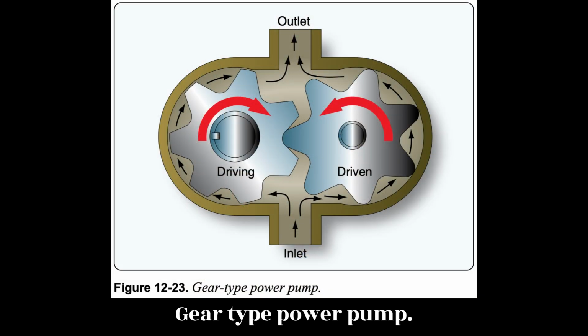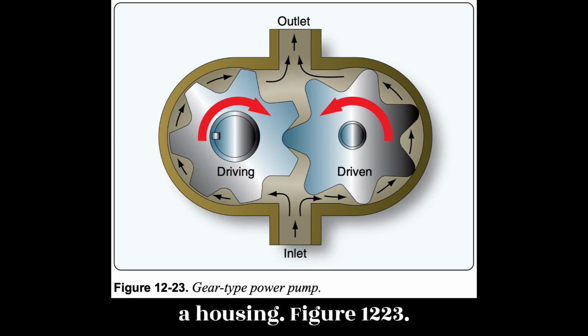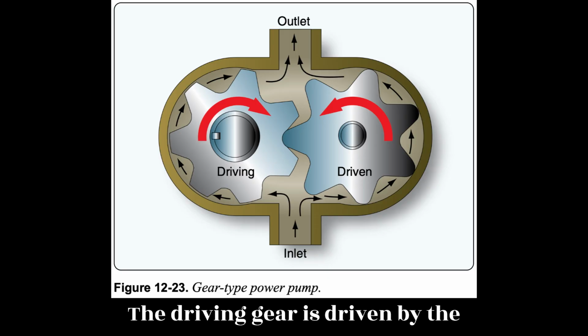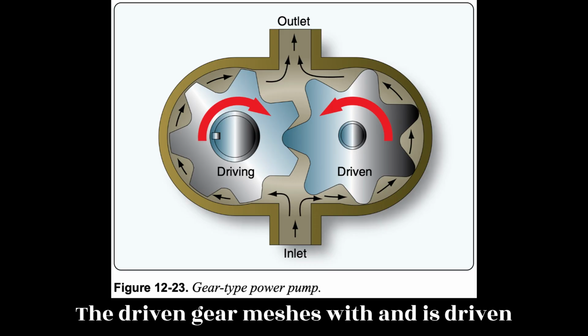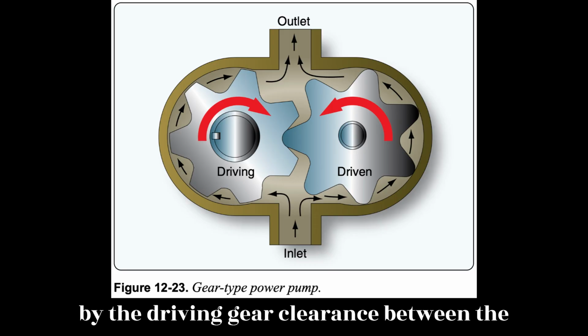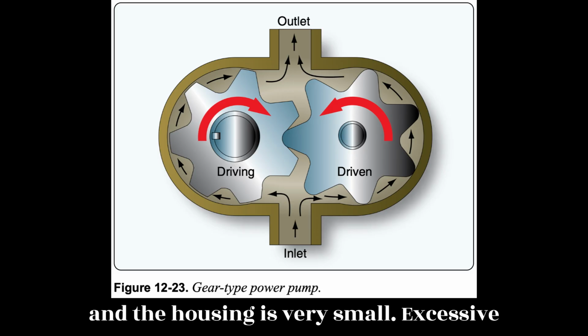Gear-type power pump. A gear-type power pump is a constant displacement pump. It consists of 2 meshed gears that revolve in a housing. Figure 12-23. The driving gear is driven by the aircraft engine or some other power unit. The driven gear meshes with, and is driven by, the driving gear. Clearance between the teeth as they mesh and between the teeth and the housing is very small.